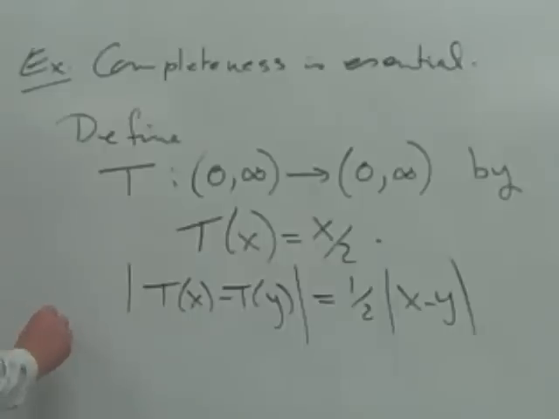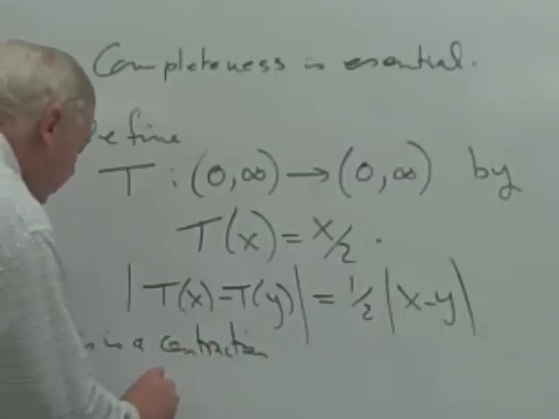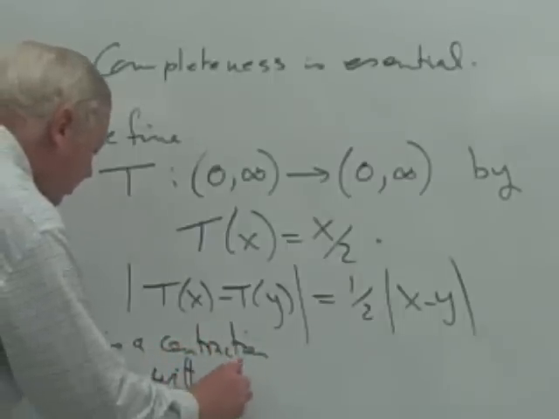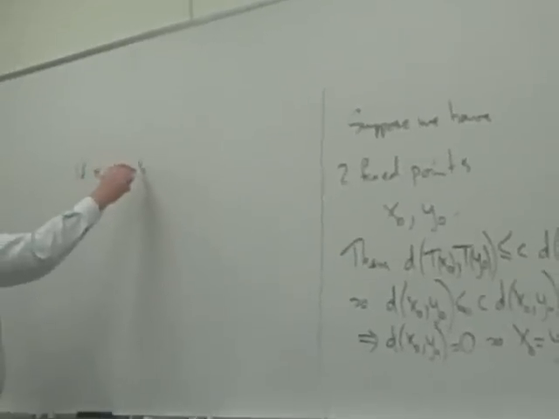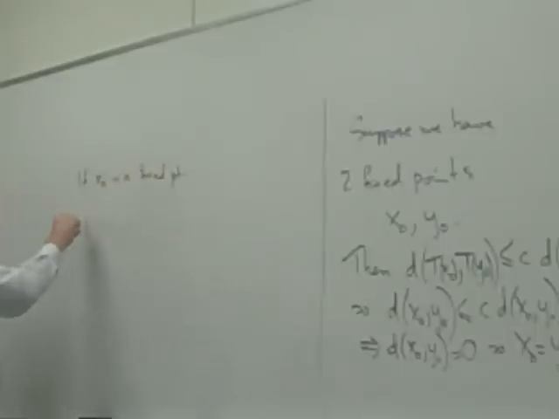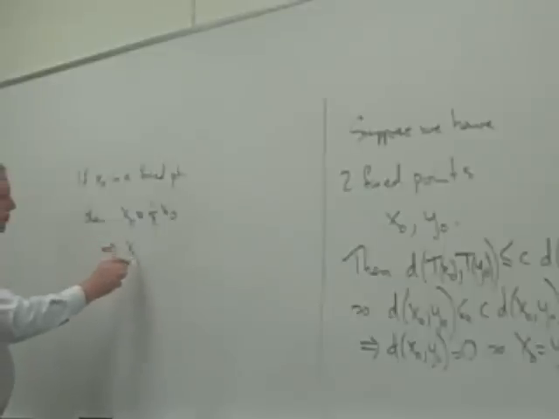So if x0 is a fixed point, then we must have that x0 is equal to 1/2 x0, which implies that the fixed point is 0.